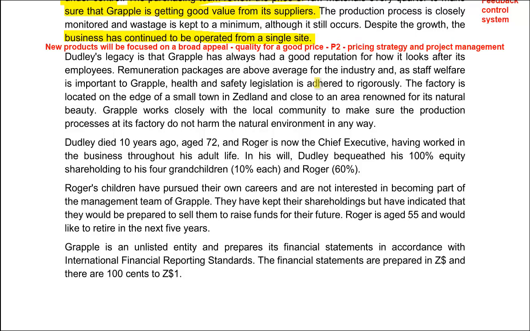Because whilst it's a very nice thing, a positive thing that they have grown really well, it's a little bit strange to be on a single site still, given that I assume this is quite a large company by now, given that they've got so many products and that kind of thing.